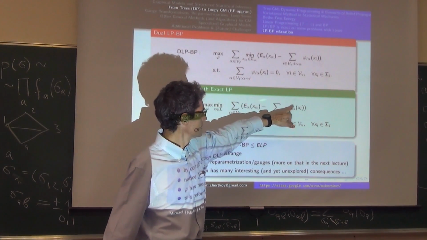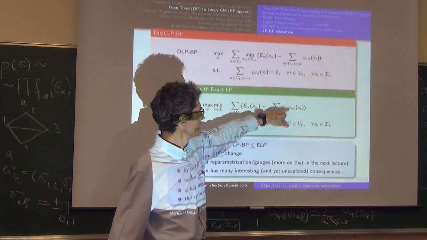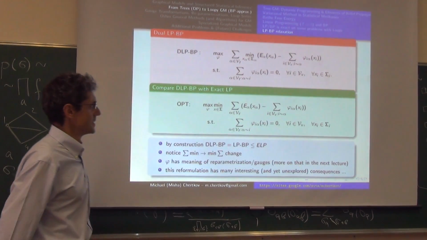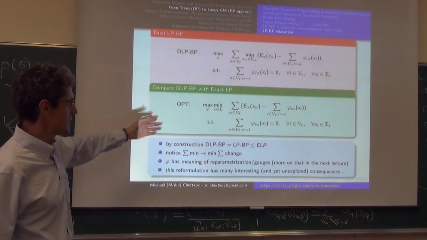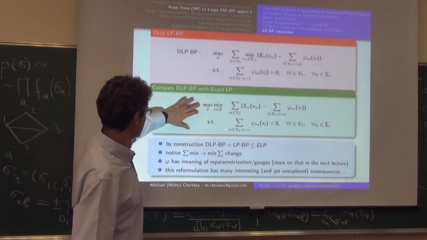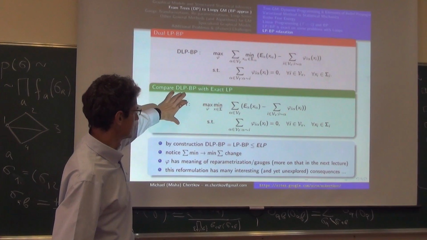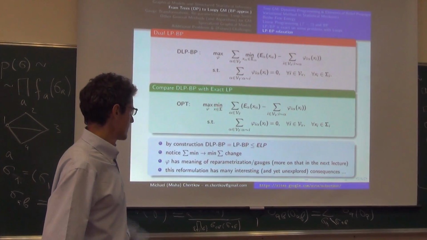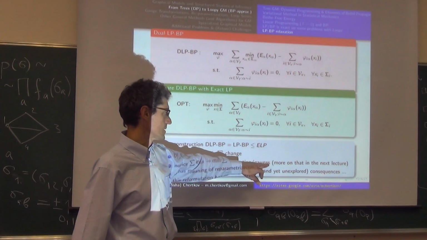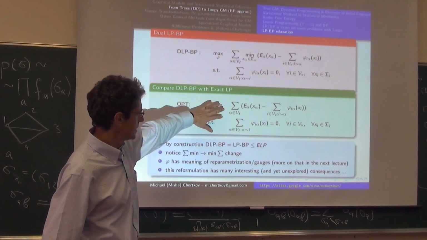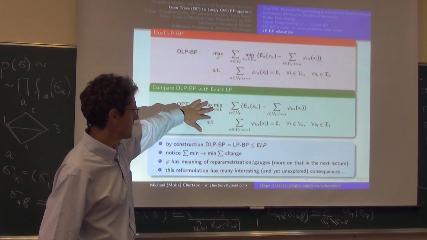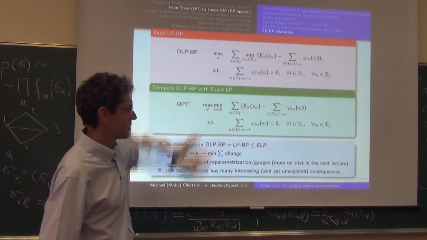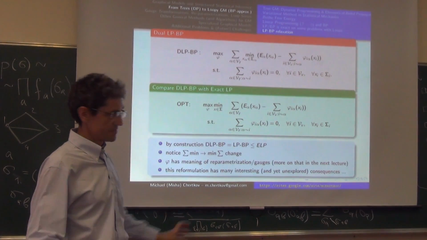So those variables, this phi, these Lagrangian multipliers, especially when I was modifying my exact optimization, you can think of them as so-called reparameterizations or gauges. And the reason I introduce them here is because they will be the main players in today's lecture.